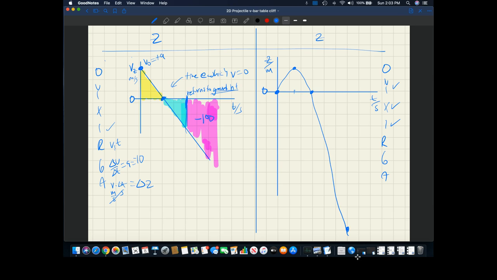So we see a downward cupping parabola. And if you remember, our equation for z was z equals minus 5t squared plus 9t. The negative means it's got a negative concavity, or the parabola cups downward. So what can we read from this graph? Position in time, the gradient is delta z over delta t, and that is the velocity.